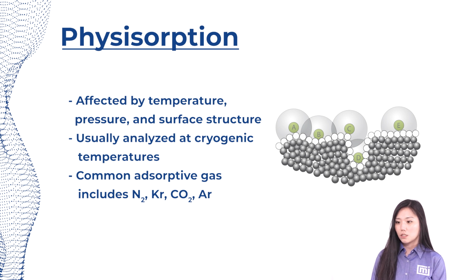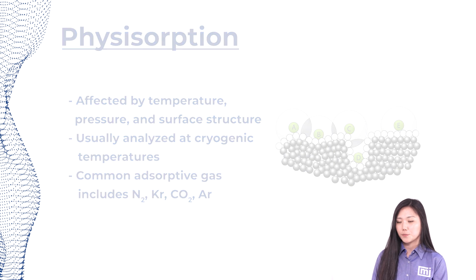So the D molecule will adsorb first to the site where there's more access to the surface, followed by the B molecule, and then the E molecule on the flat surface, followed by the A molecule on the protruding surface. And finally, we have the C molecule adsorbing after the first layer is completed, as a second layer.